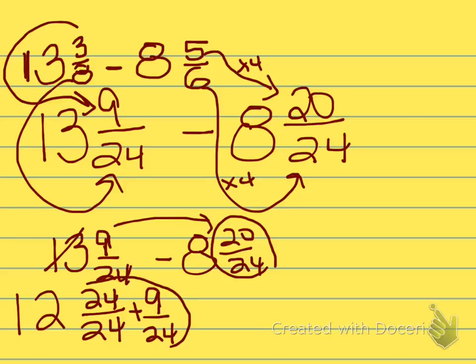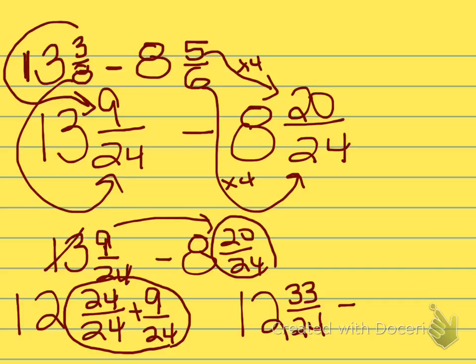So we're going to combine these two, and we now end up with 12. That's our whole number part, and then 24 plus 9 makes 33 over 24. Now we have enough to do our subtracting of our fraction part.